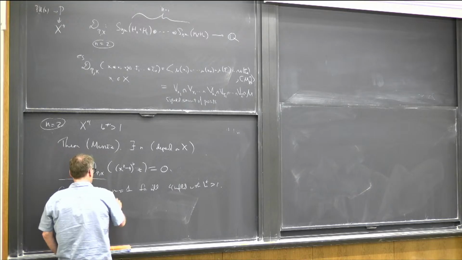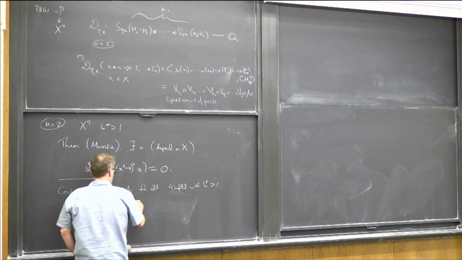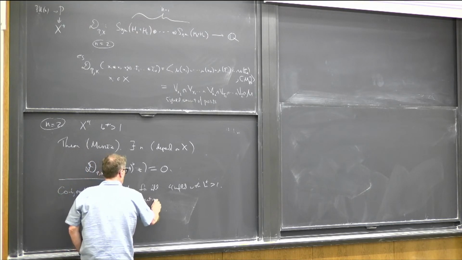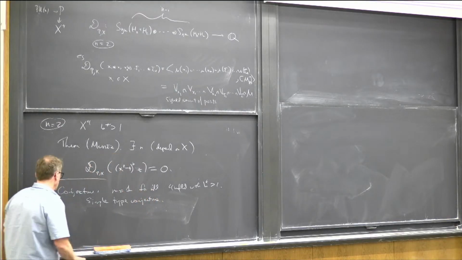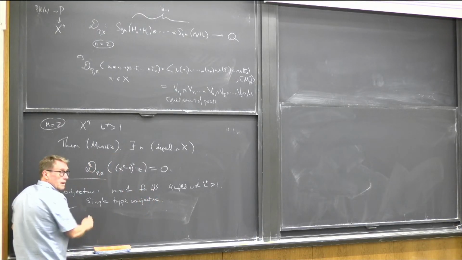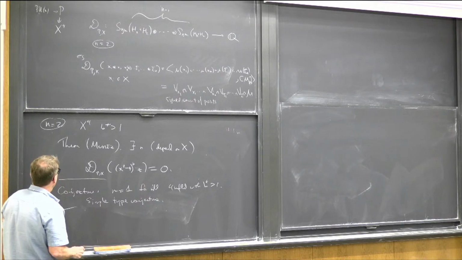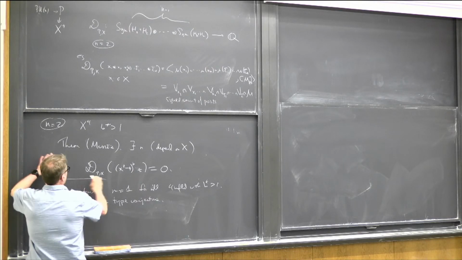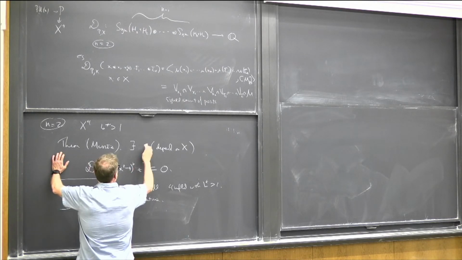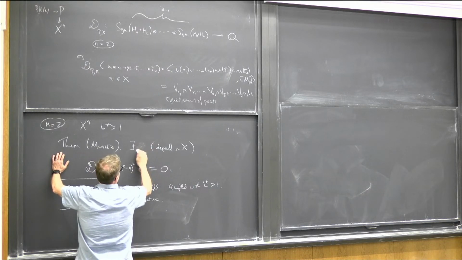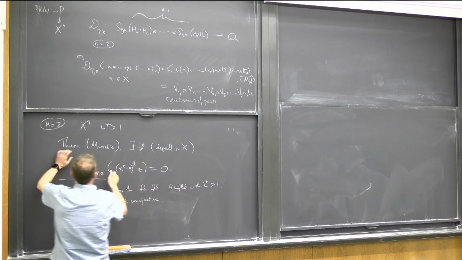That's the simple type conjecture. The conjecture came before the theorem. Different n, though. Let's call this D. But this is for N equals 2.